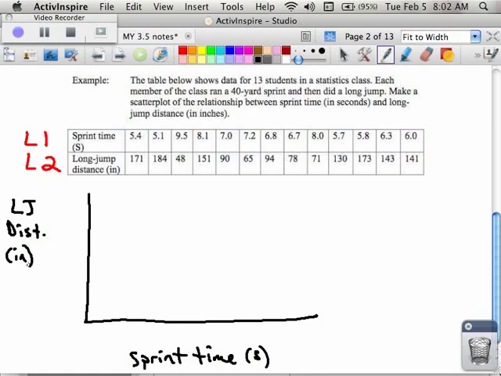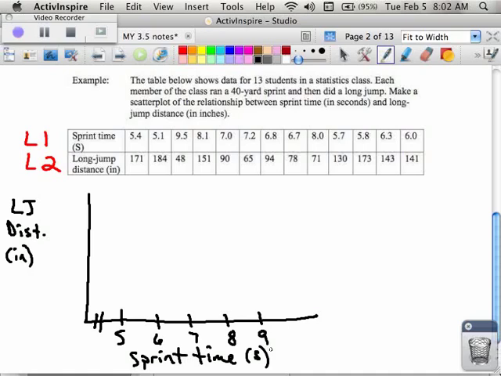And I noticed that my sprint times go from, I don't know, 5.1 up to 9. So I guess I would show a break in the graph, showing that you're not starting at 0. And then I would go with maybe 5, and then 6, 7, 8, and 9.